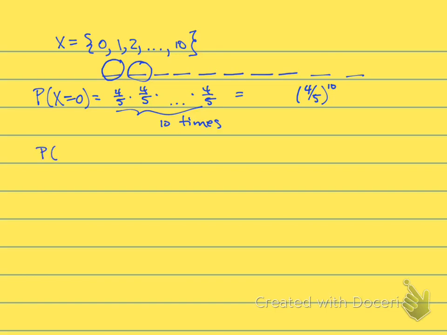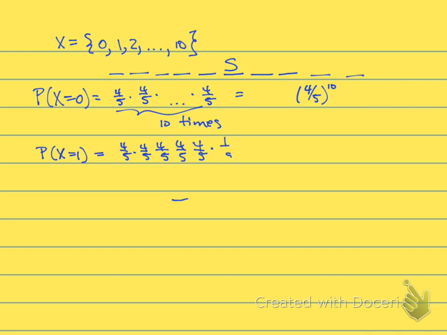Okay, if I now want to look at the probability x equals 1, well, going back to my 10 slots up here, what I'm really saying is all of them are failures except one slot, which is a success. Let's say it's this particular one. Well, then what I see is I have failure, failure, failure, failure, failure. So these still are independent, so it's 4/5 times 4/5 times 4/5 times 4/5 times 4/5.